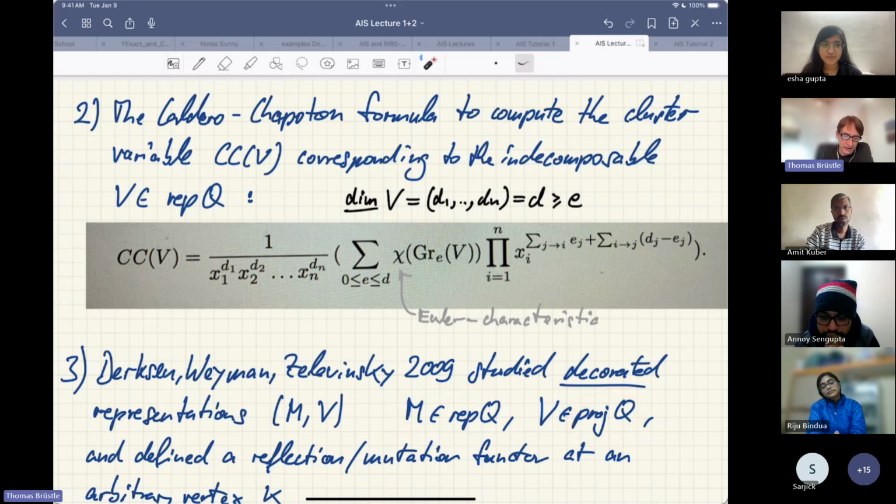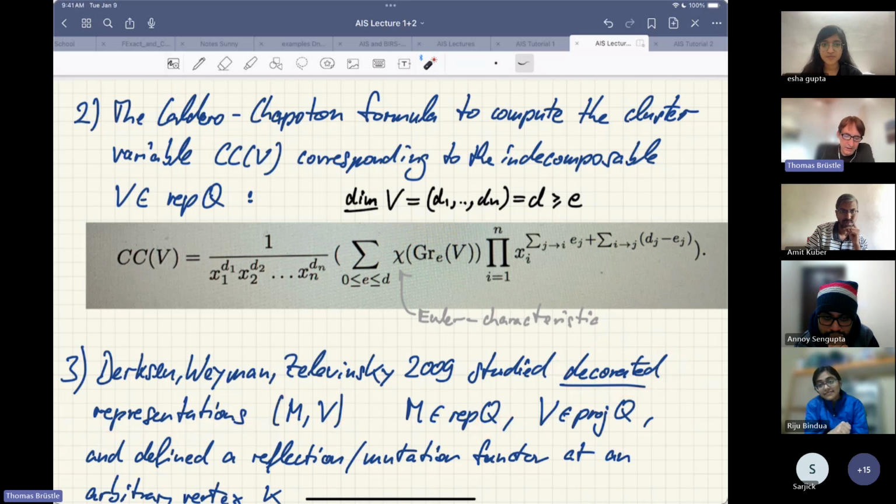So they decided to consider such pairs made of a representation and a projective object, a certain sum of indecomposable projectives, and they call it a decorated representation of the quiver Q.